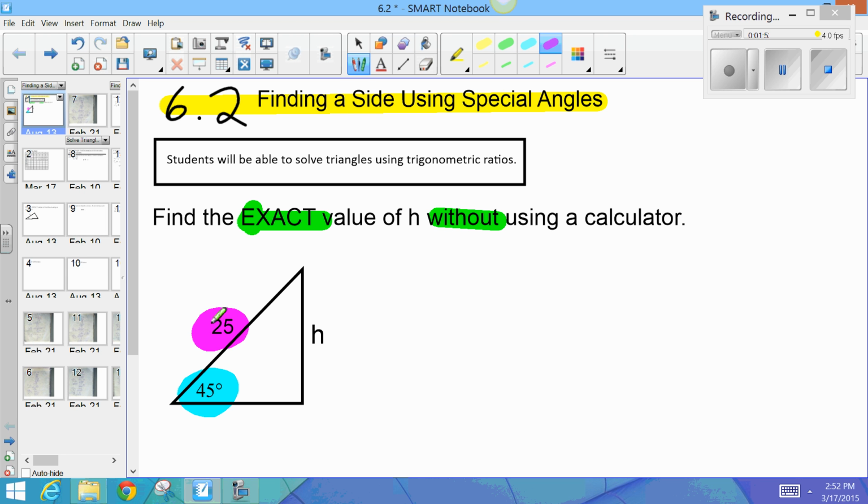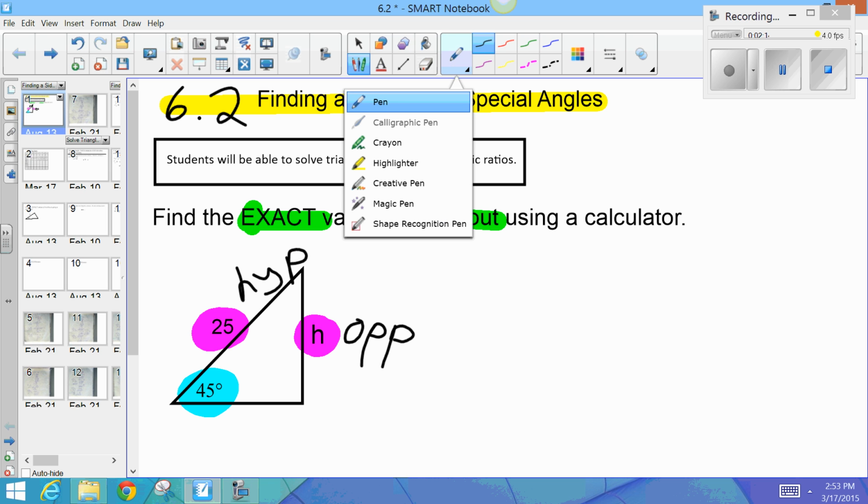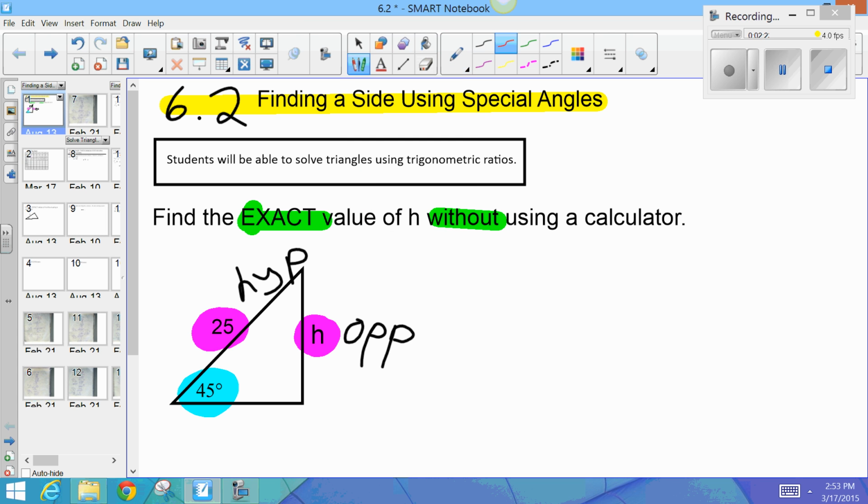I know the length of the hypotenuse, and I am asked to find this h, which is opposite 45. So we've got an opposite and a hypotenuse, and I am going to write a trigonometric equation that relates 45 degrees to opposite and hypotenuse.